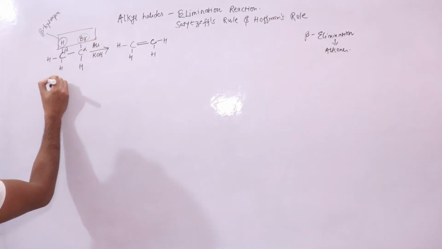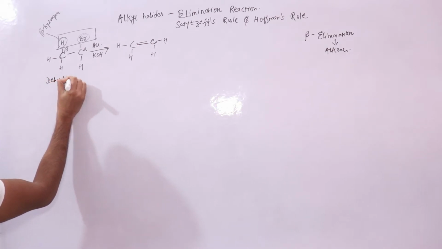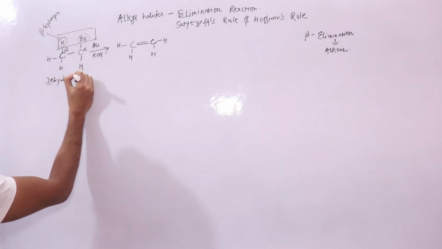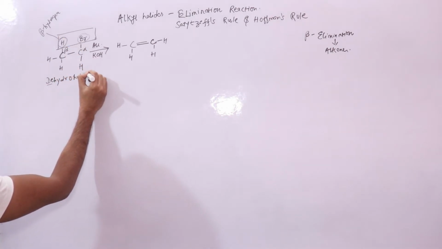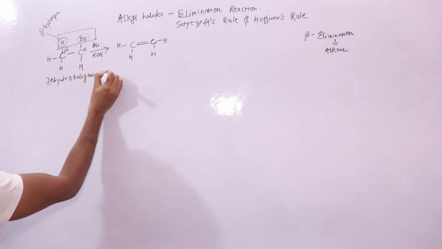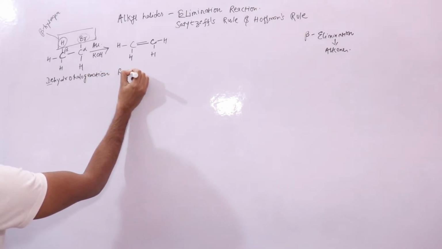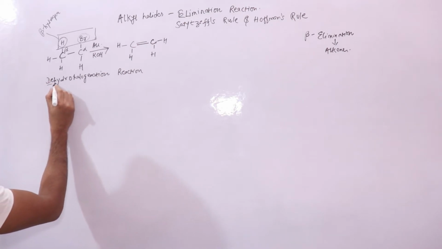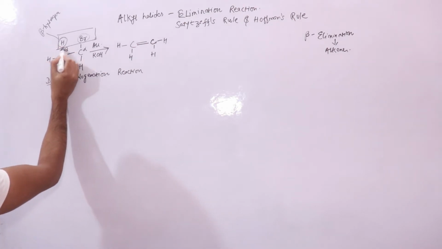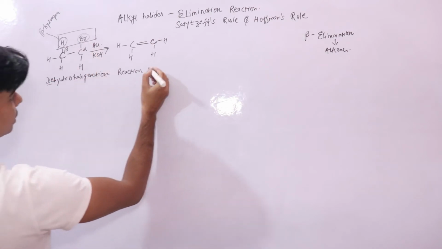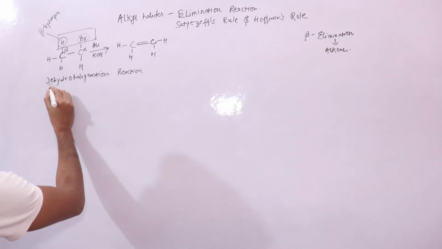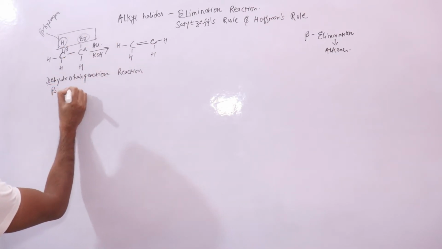We call these reactions dehydrohalogenation. De means removal, hydro stands for hydrogen, and halogenation refers to the halogen: removal of hydrogen and halogen. These are dehydrohalogenation reactions. So this is a dehydrohalogenation reaction, a beta elimination.